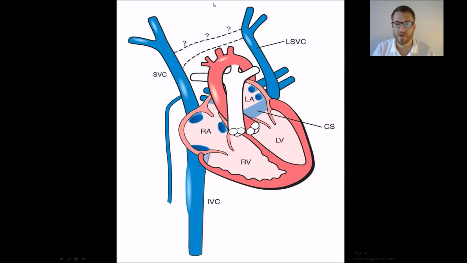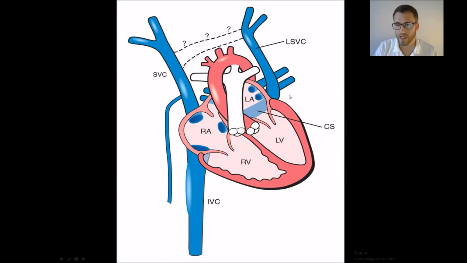But if you have this anomaly, it's very hard to navigate the leads through this persistent left vena cava superior and over the coronary sinus and so on. There are different difficult angles you have to take with the leads to place them into the right atrial appendage and the right ventricular apex or septum.